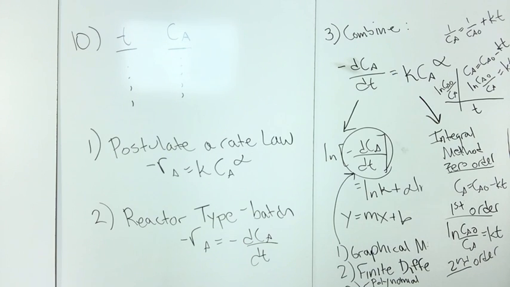So I guess it's hard to say, if he puts a problem like this on the exam, for me to recommend a method. Honestly, if a problem like this showed up on the exam and I didn't know what the order was, I would probably go with this route and do the graphical method.